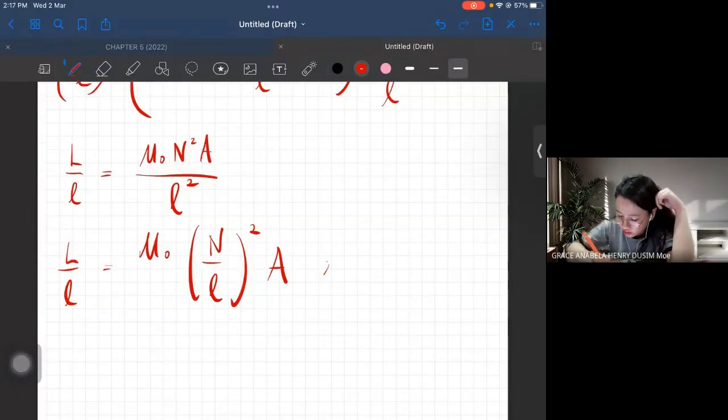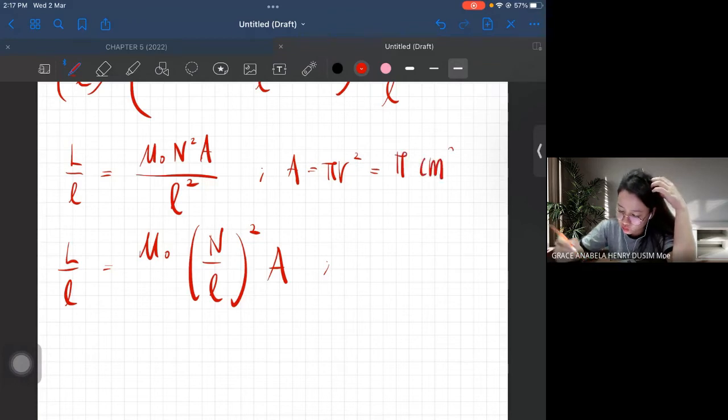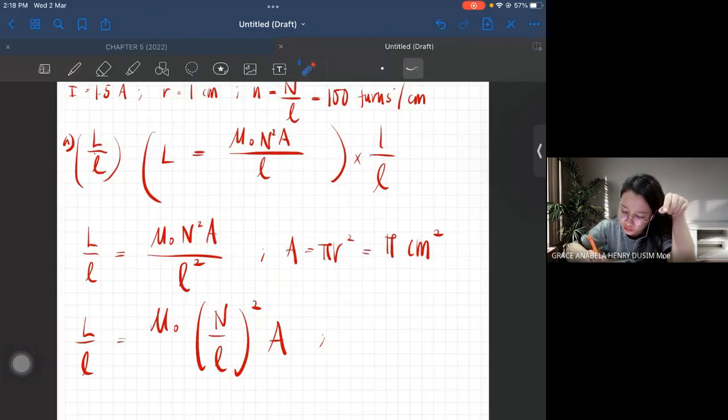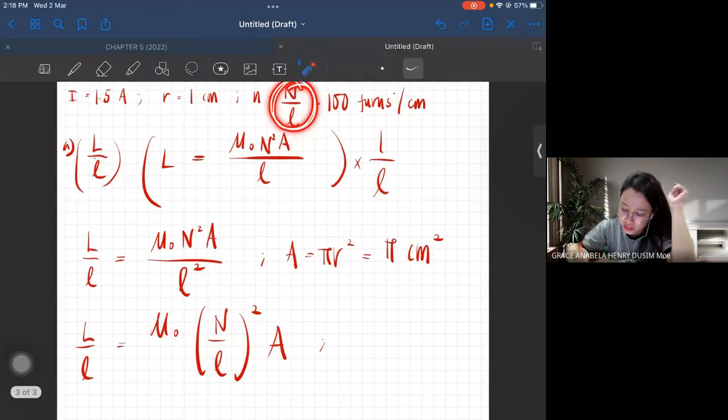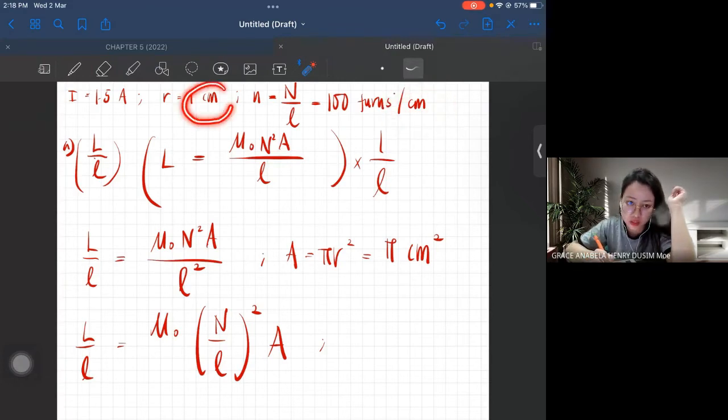Before that, it is good to write the area and calculate its value first. You should get pi centimeter square. Why do we need to stick with centimeter? Because the number of turns per length is given in centimeter, so the radius should be in centimeter as well.